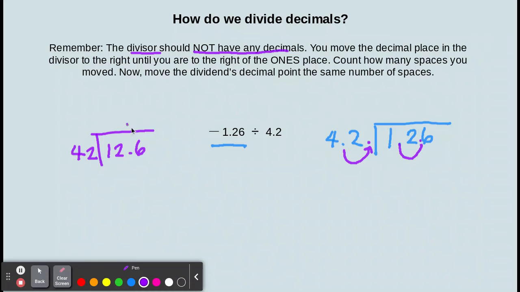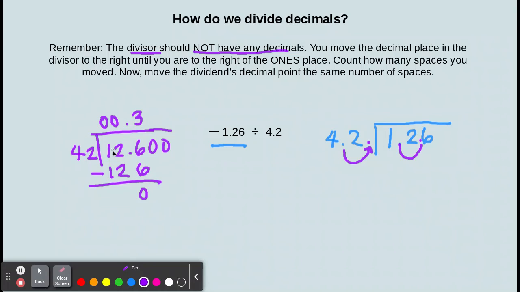So now this problem becomes 12.6 divided by 42. And we ask ourselves, how many times can 42 go into 1, 0 times. Into 12 is 0 times. But how many times can it go into 12.6? 3 times. 3 times 42 is, and we subtract, and we get a 0.